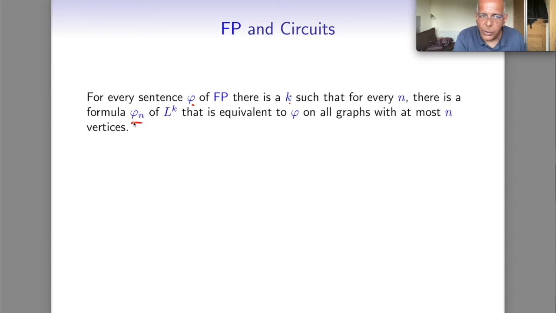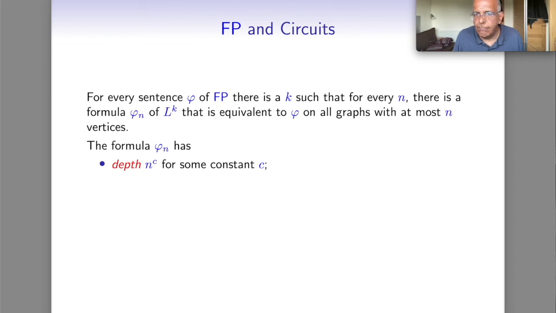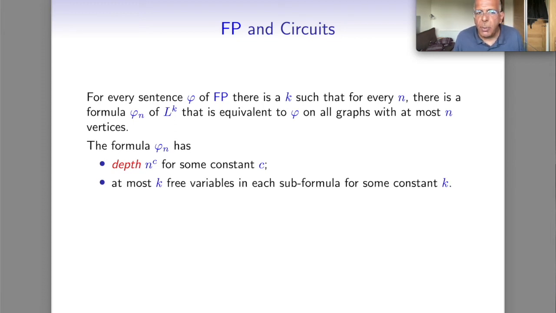So there's a formula of first order logic now, using k variables, which is equivalent to phi on all graphs with at most n vertices, because you unfold the fixed points, but you only need to unfold them up to some bound, which is polynomial in n. This formula phi n has quantifier depth n raised to the power c for some constant c. And it has at most k free variables in each subformula for some constant k. That k is roughly twice the number of variables that appear in phi itself. Okay.